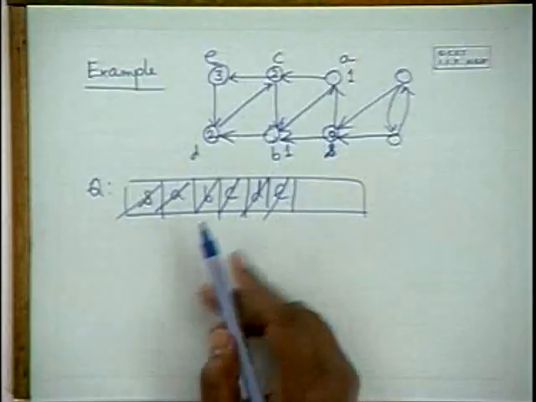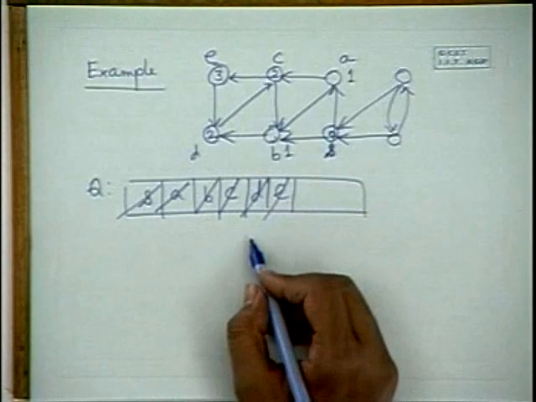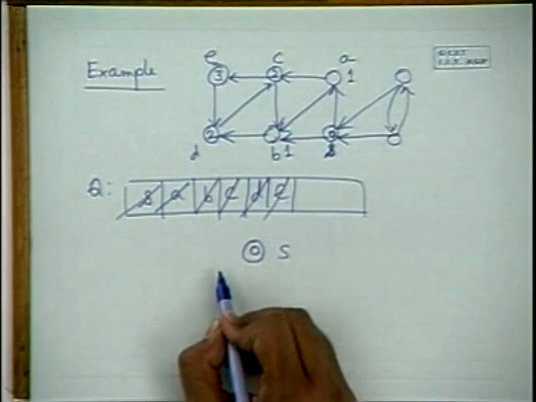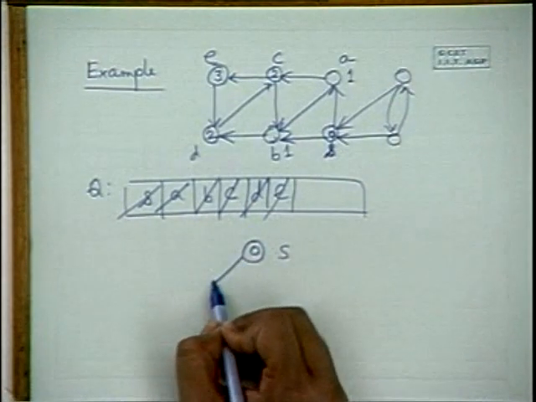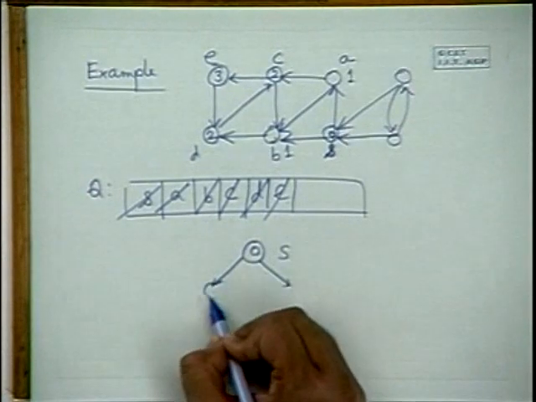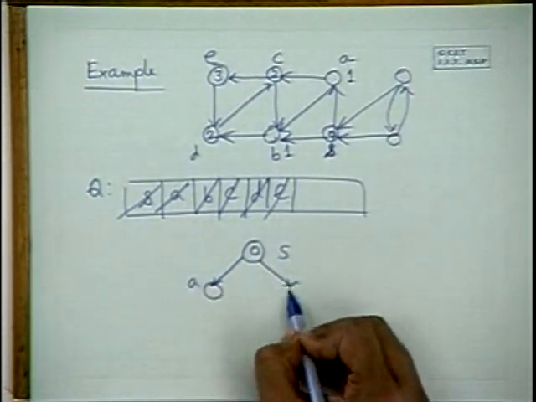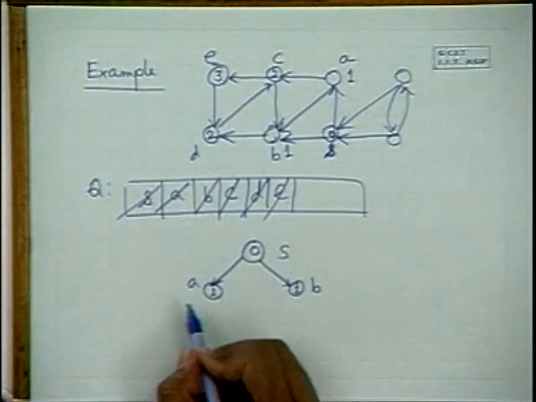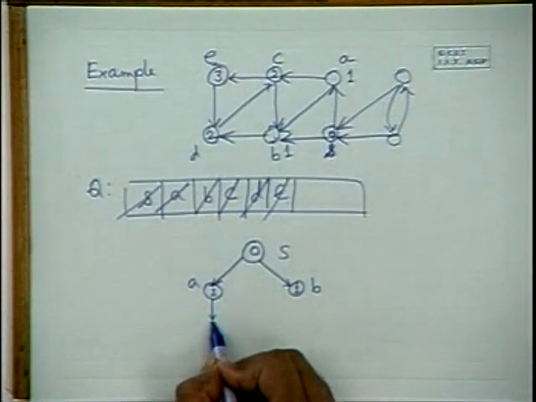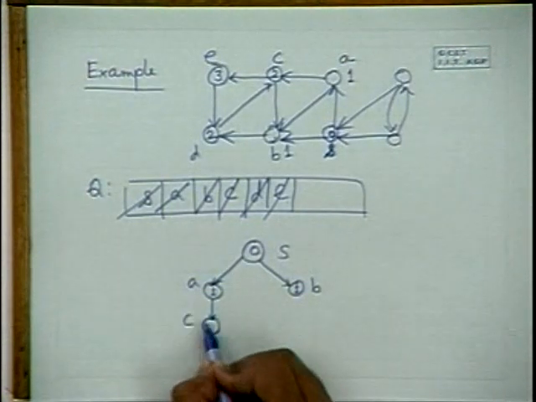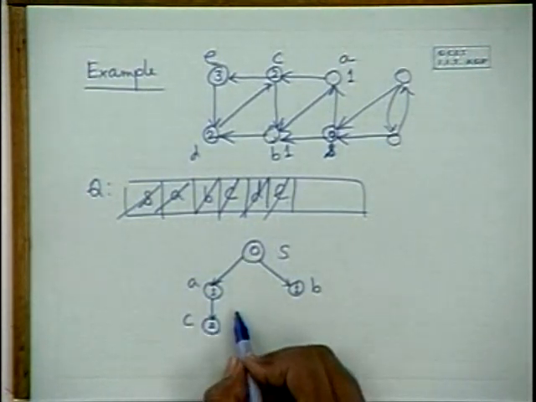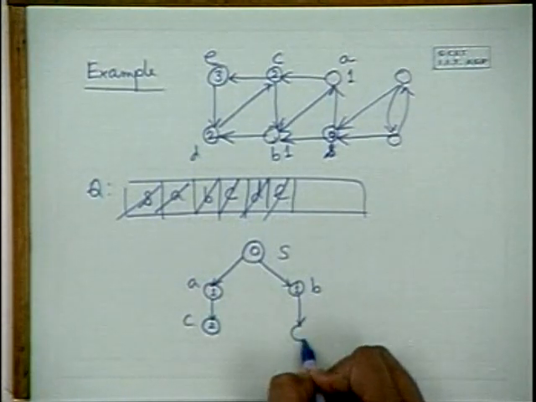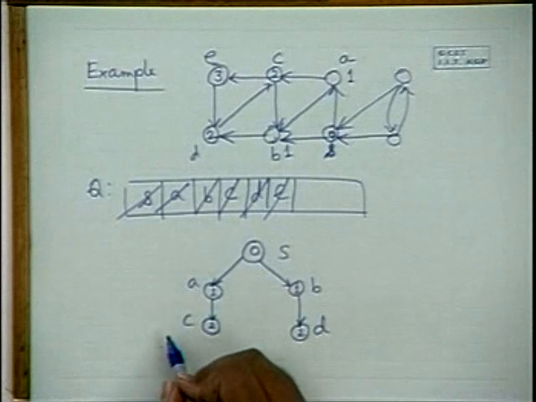So if I write down the tree now, according to which we have visited, S is here, whose level is basically 0. From S we visit A and B. So this is 1 and 1. Then from A we visited C, which is 2. From B we visited D, which is 2.